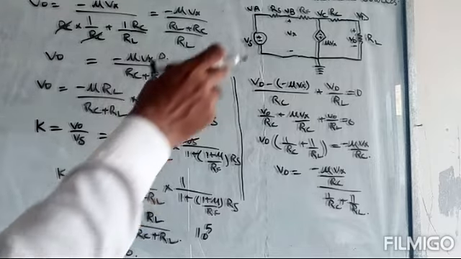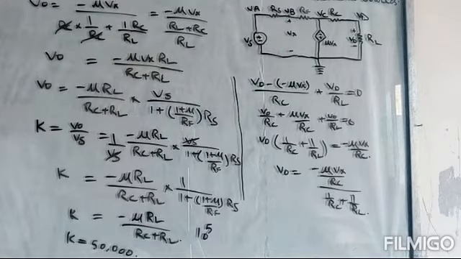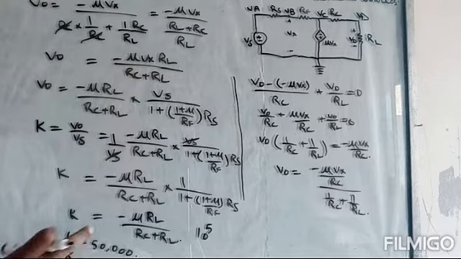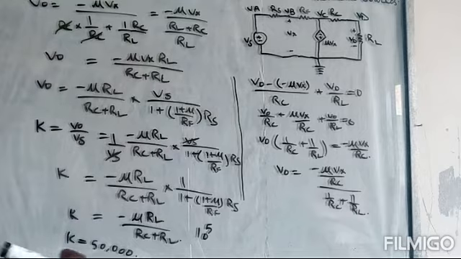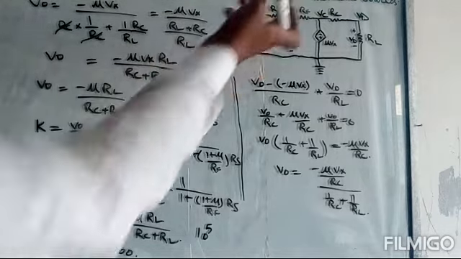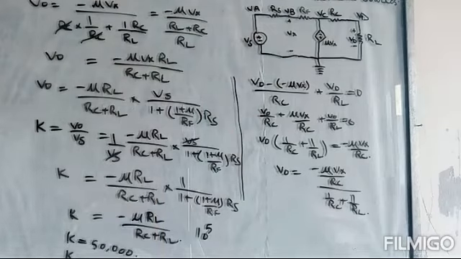And as we decrease the value of RF from infinity to 0, maybe the value of K will also become 0. So this K depends on the resistance RF. If it is an infinite resistance, then the value of K will be according to our mu, but if we convert it with a short circuit, there will be no gain of this circuit. So this feedback resistance helps us to control the gain of our circuit.